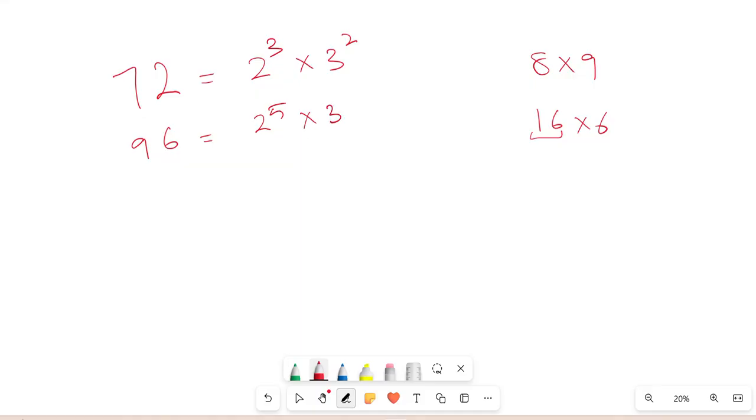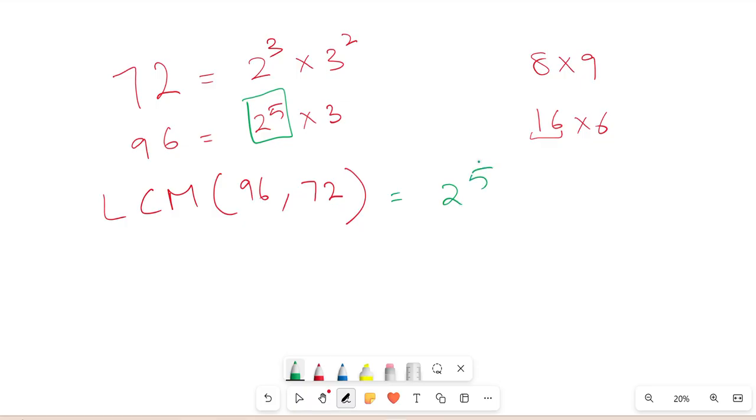Now I have to find the LCM of 96 and 72. I want all the factors of 96 and 72 to be present there. If I take 2 cube, it won't be divisible by 96 because the highest power of 2 is 5 in 96. 2 raised to 5 should be present. And if I write 2 raised to 5, 2 cube is automatically inside it.